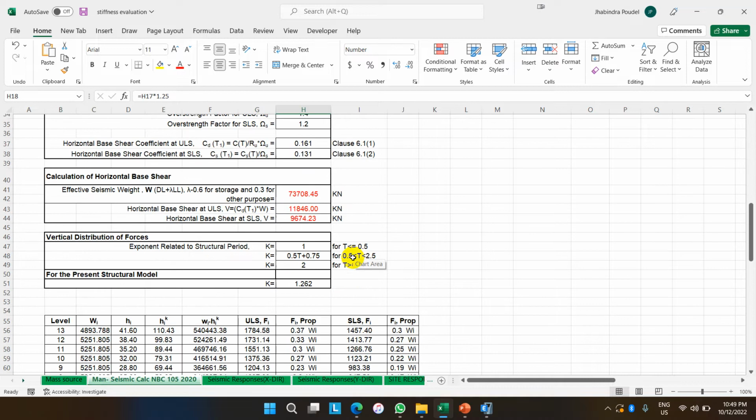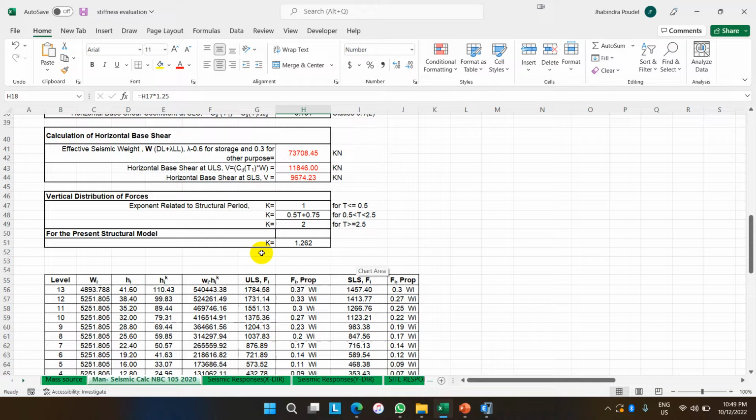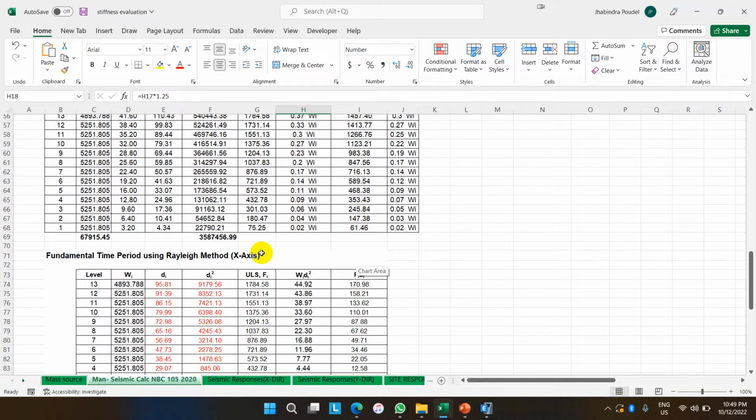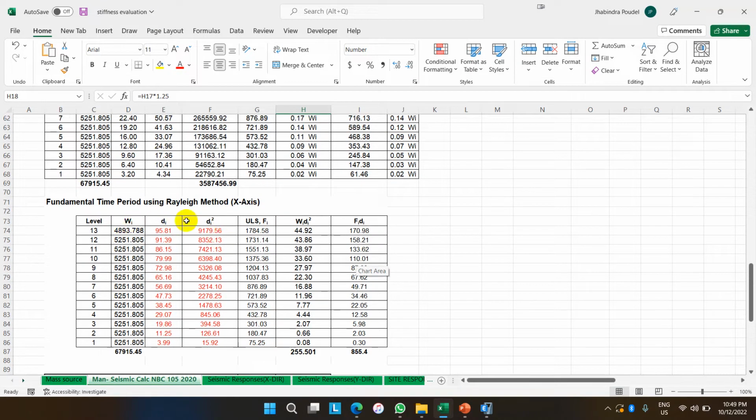Again, for further check of the model time period, the evaluation of time period can be done by using the Rayleigh method. The detailed notation of these values and the detailed calculation I will explain in the next video.